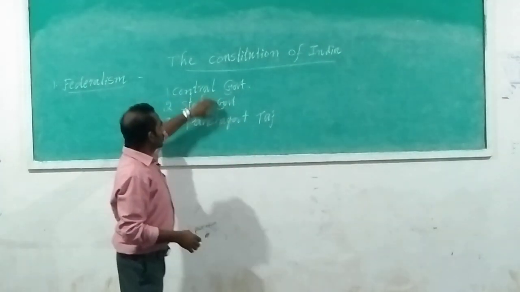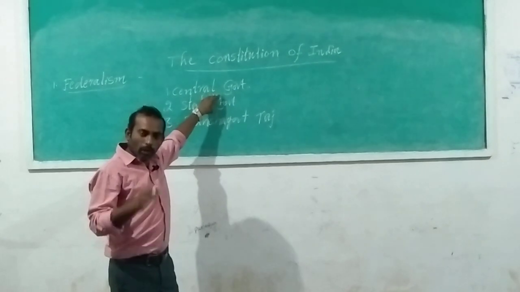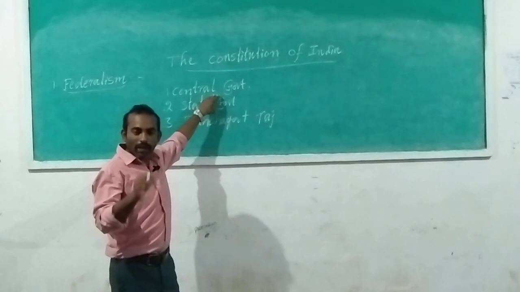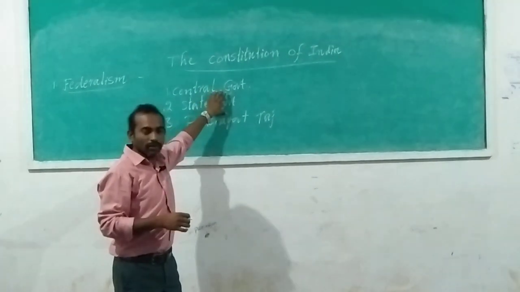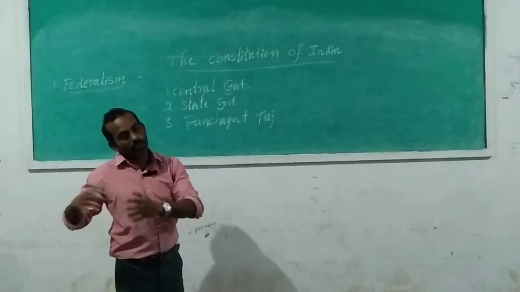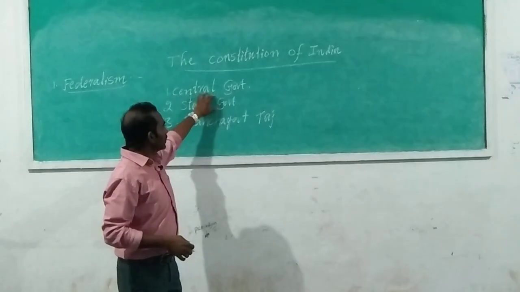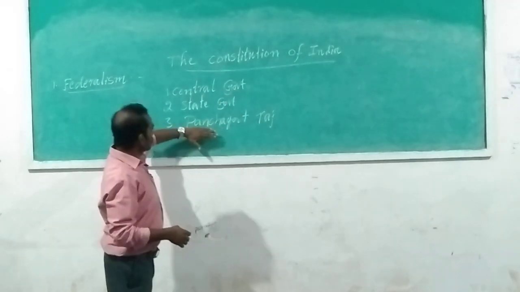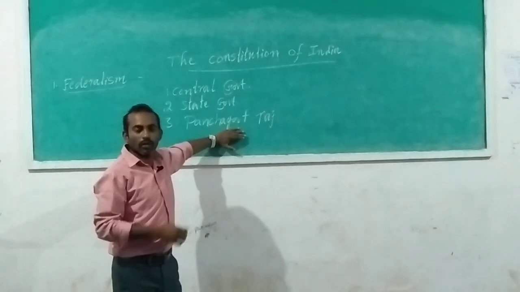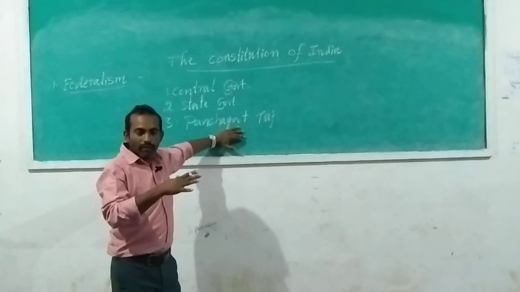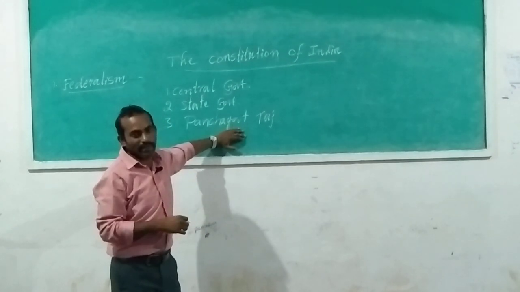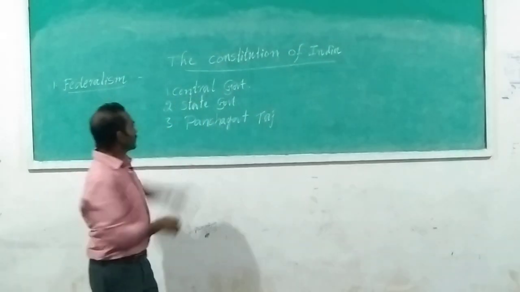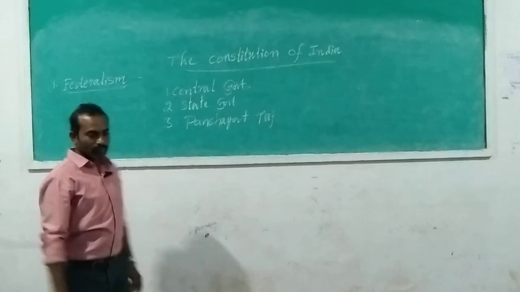There should be a local government which makes laws or policies for the people living in a particular area or state. There should be a state level government, and there is the Panchayat Raj system in India which rules villages and municipalities. This is the third tier of government in our India. This is about federalism.